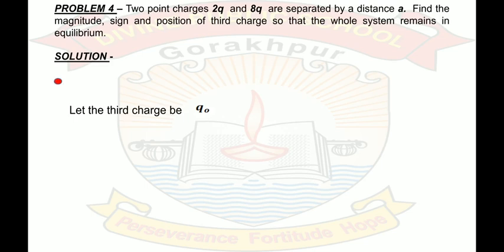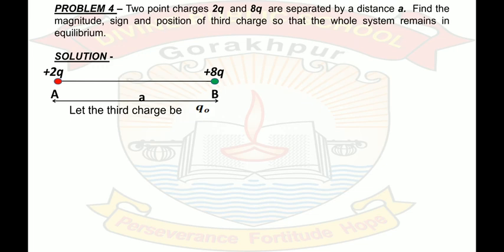Let this be your first charge plus 2q, then your second charge plus 8q, and the distance between them is given as a. Now we know that these charges are positive, so the third charge must be kept between them. Let us name the points: a, b, and let the third charge be at c.